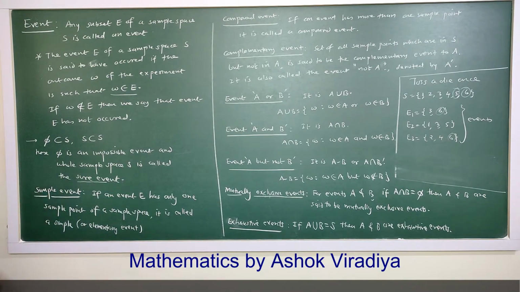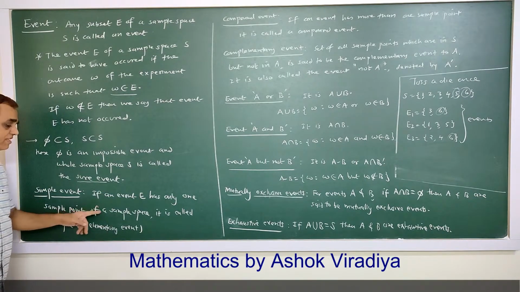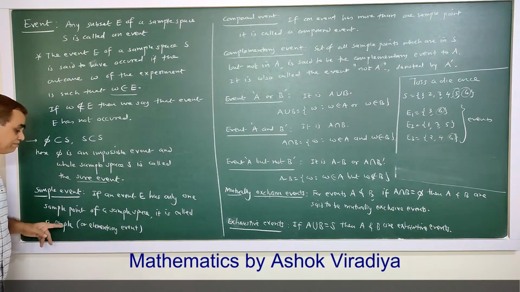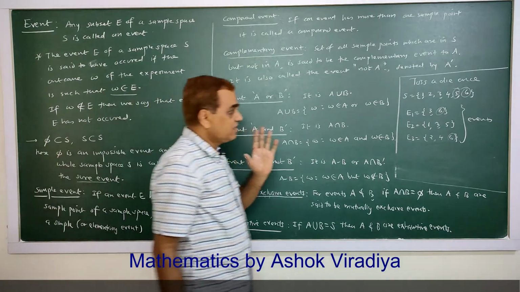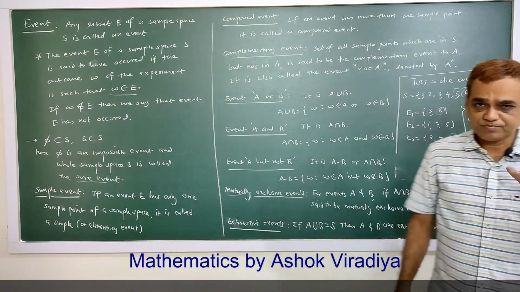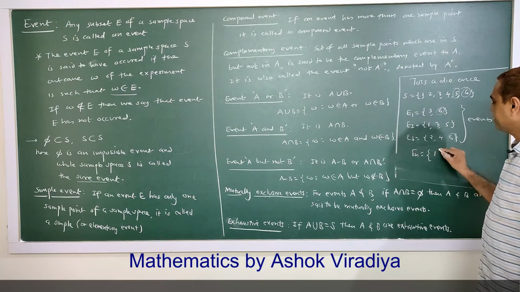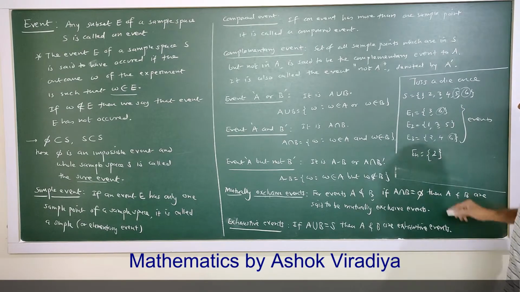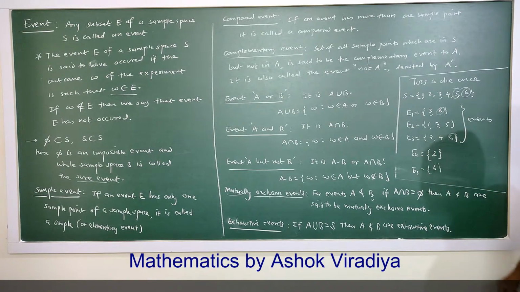Simple event. If an event E has only one sample point of a sample space, it is called a simple event. In short, a singleton set. Suppose I put here the set containing 1, or 3, or 2, E5, 6, these are singleton sets.